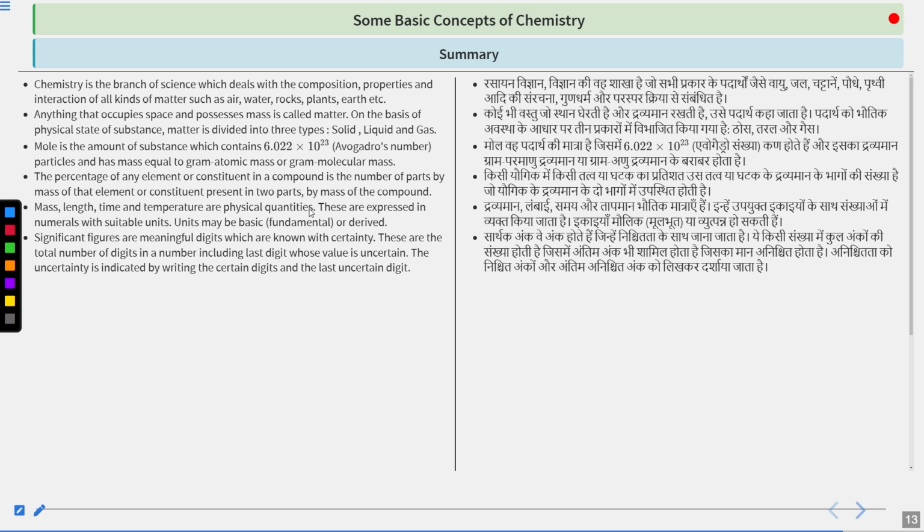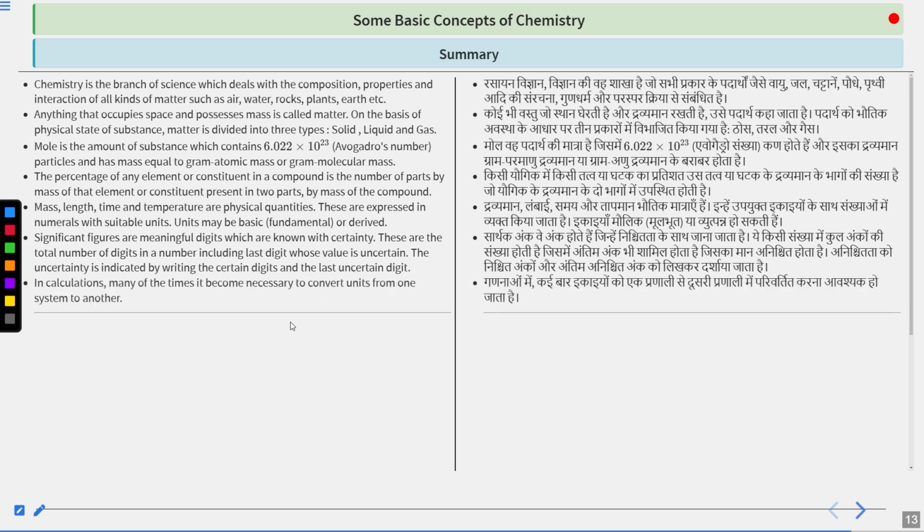Next is significant figures. They are the meaningful figures, and the last digit is known with uncertainty, right? The uncertainty is indicated by writing the certain digits and the last uncertain digit. Clear? In calculations, many times it becomes necessary to convert units from one system to another, because we need the calculation accordingly. If you are dealing with large amounts, we take units which are large enough. Similar goes for small amounts.